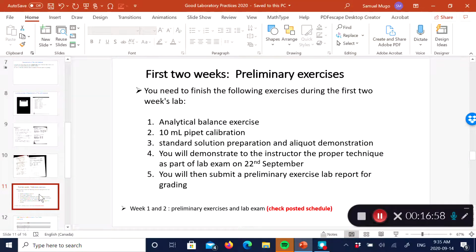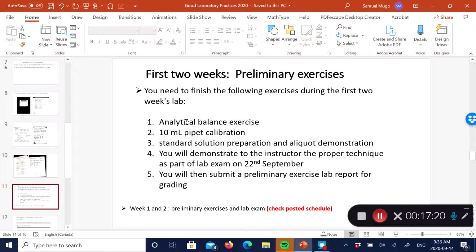Just to remind you again, the first 2 weeks of the labs will be the preliminary lab exercises, just to make sure that you can do volumetric and gravimetric tests appropriately, and that you've got the right skill in terms of doing the classical methods of sample preparation.